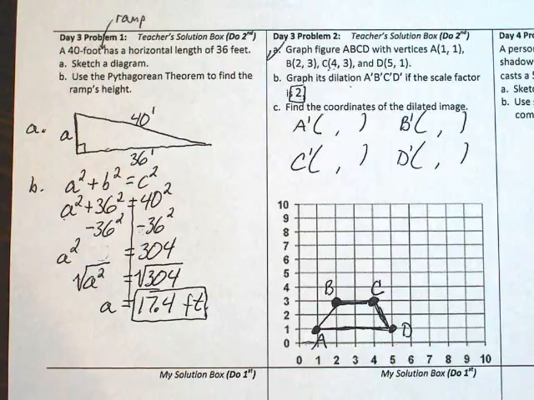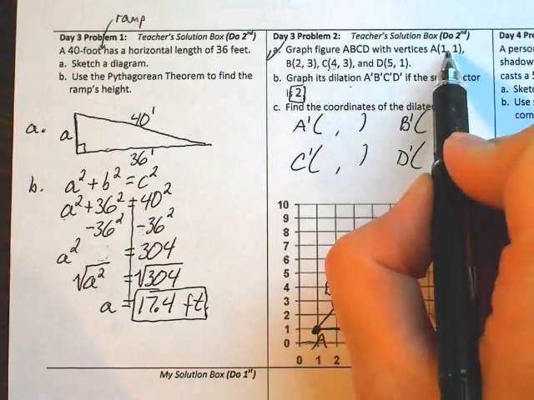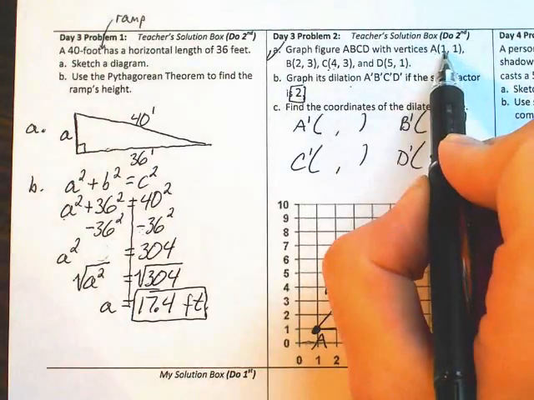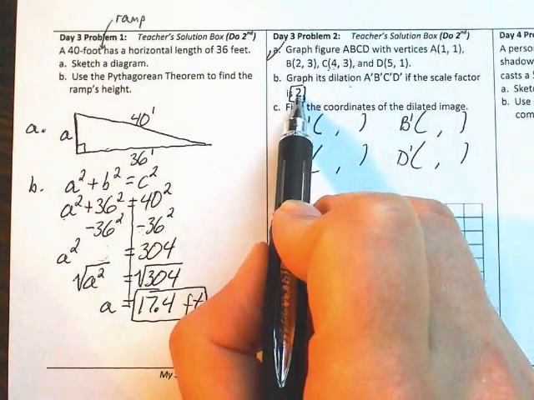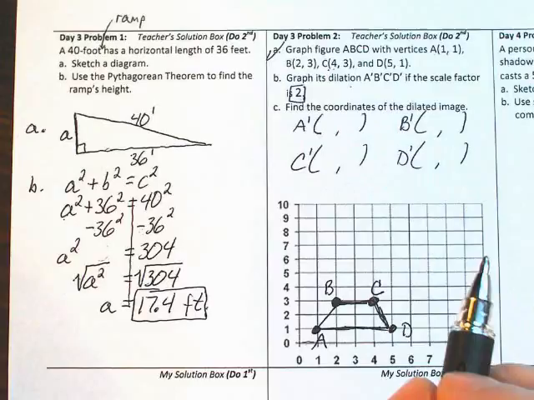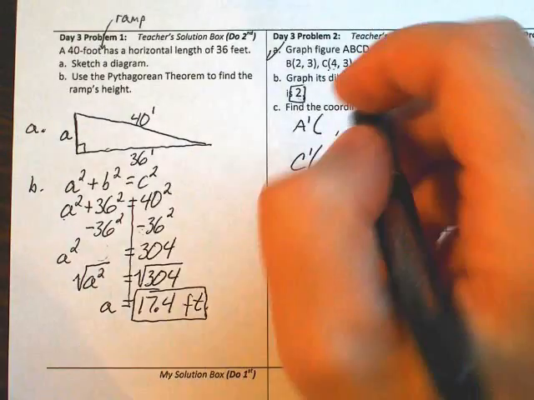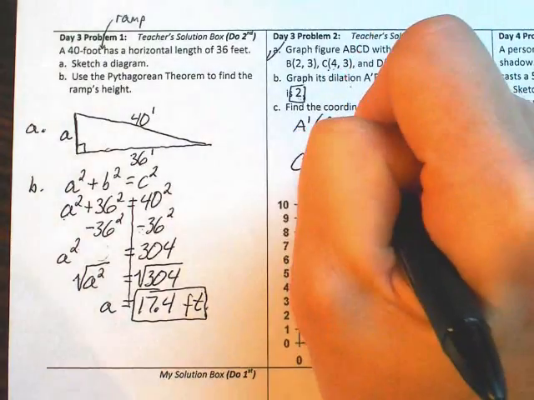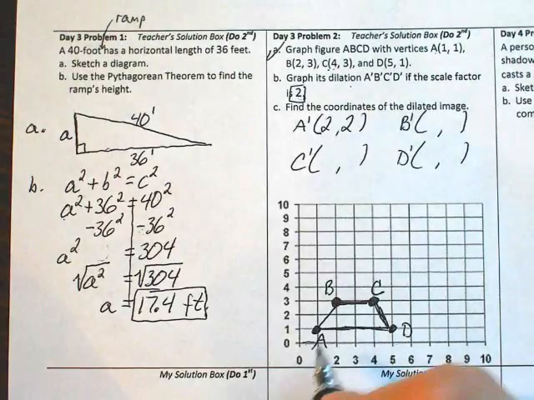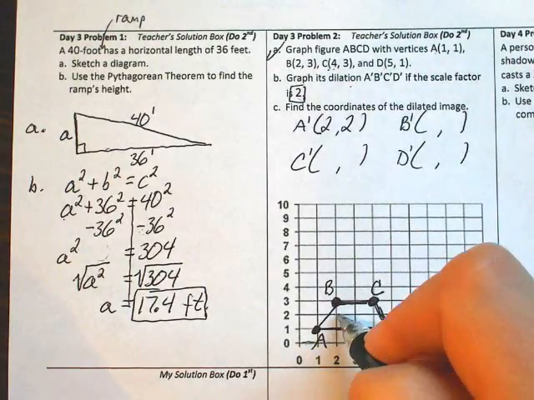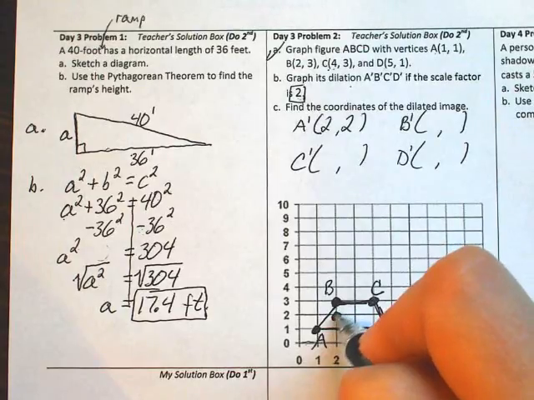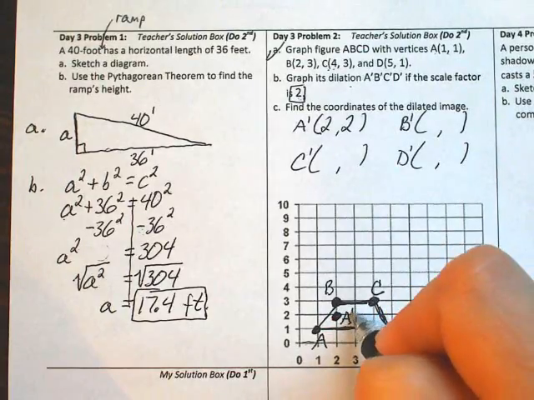So let's find these 4 ordered pairs. Starting with point A. Originally it's 1, 1. We are going to multiply those by 2. So 1, 1 multiplied by 2 would make 2, 2. On the grid, 2, 2 is over 2, up 2, right here. This is A prime.